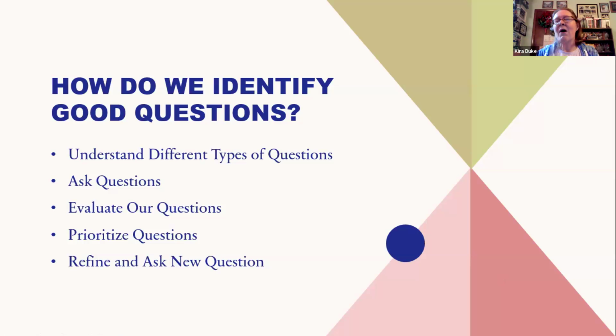Because while we like to tell students there is no such thing as a dumb question, there is such a thing as a bad question, and some questions are better than others. So we need to be able to evaluate those. And we often have to be able to prioritize questions. Again, some questions are more important than others, and some we need to ask first before we can get to some other questions that may be better, but we need to have a preliminary answer before we get to those questions.